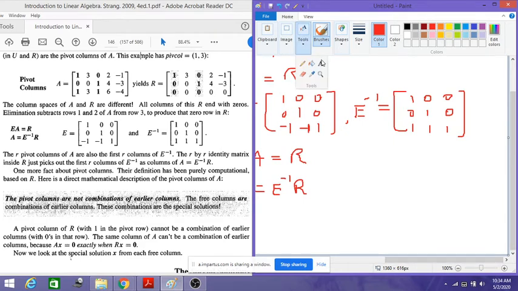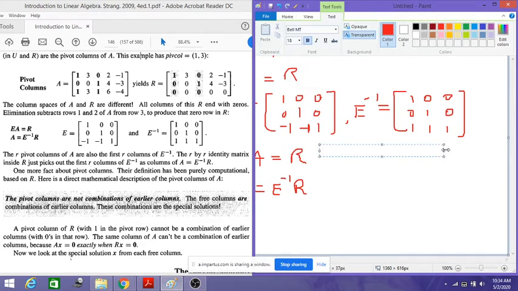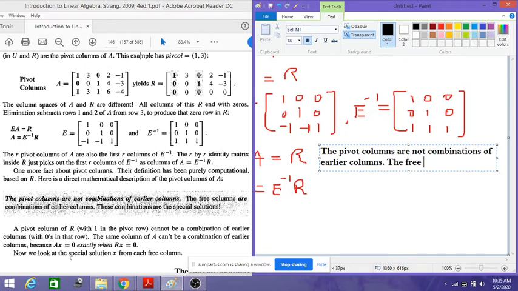So let me write the definition here. The pivot columns are not combinations of earlier columns, but the free columns are combinations of earlier columns.